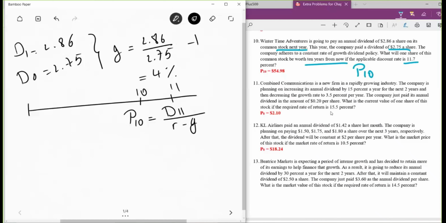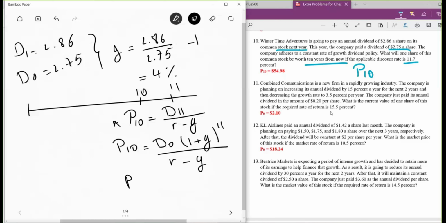Now, I can say also that P10 equals D0 into 1 plus the growth rate to the power 11 divided by R minus the growth rate.